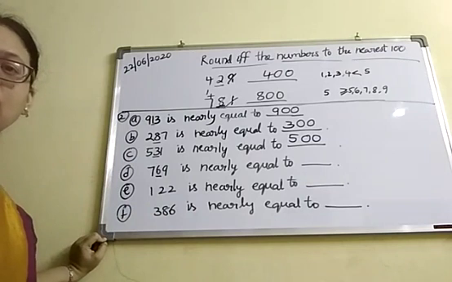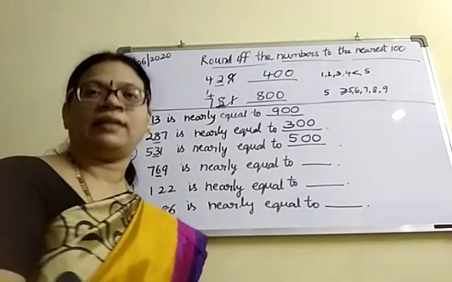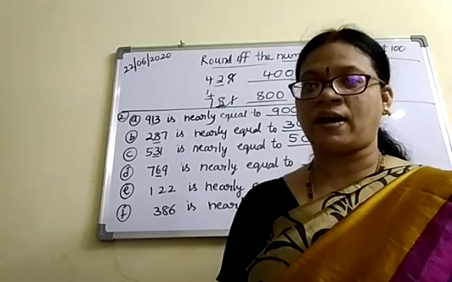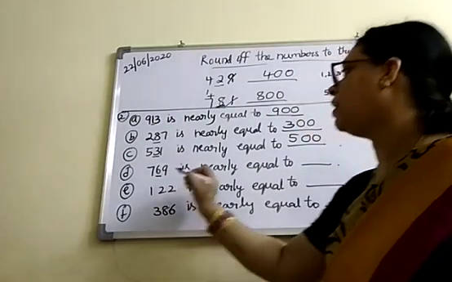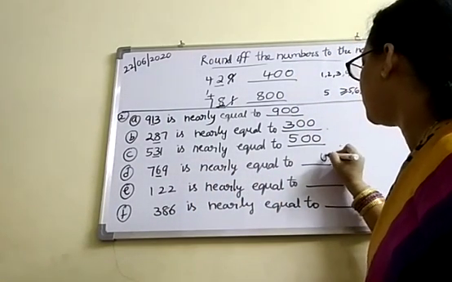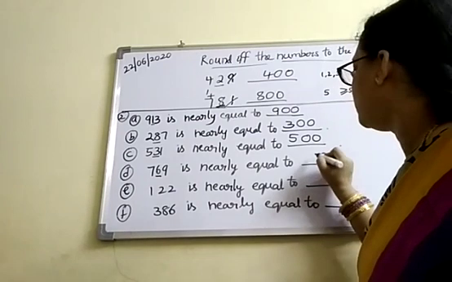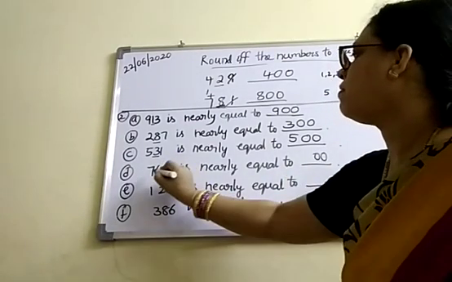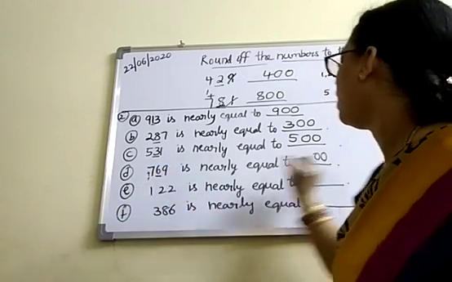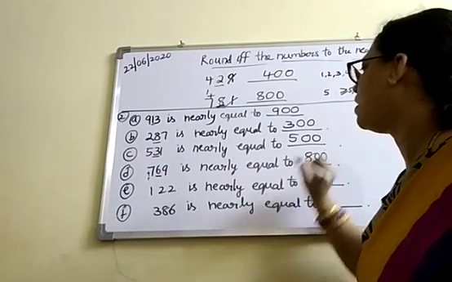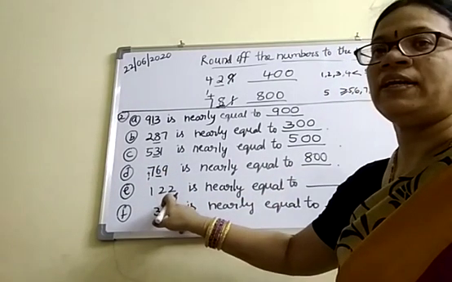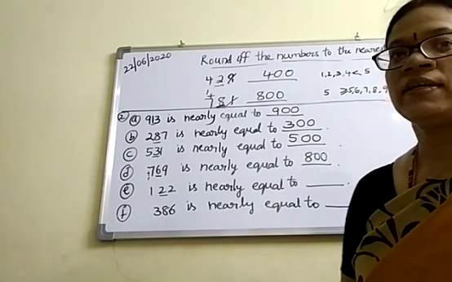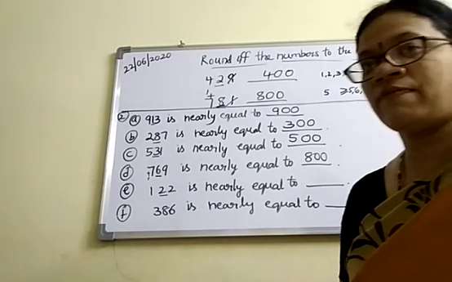Now 769. In 769, 6 is greater than 5. So we will replace 9 with 0 and 6 with 0, and we will add one number to the hundreds. 7 plus 1? 8. 800. Now 122. 2 is there in the tens place. What will we do? 2 is less than 5, no?